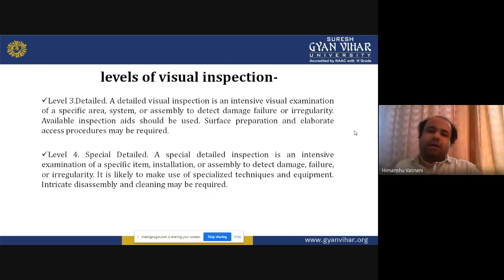Normally, this kind of special detailed visual inspection is done on heavy duty machines or intensive machines, with specialized techniques or equipment which require regular checking. So these are the four levels of inspection: simple walk around, then general look, inside and outside, then detailed look, and then special detailed routine. It depends upon the part, and upon the system which you are investigating. Okay.